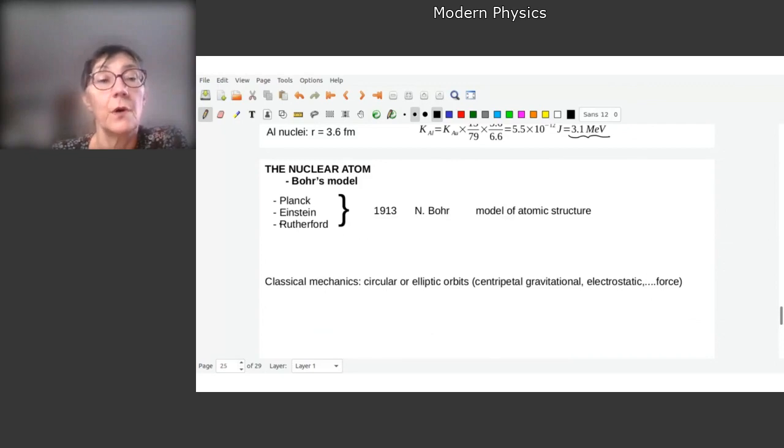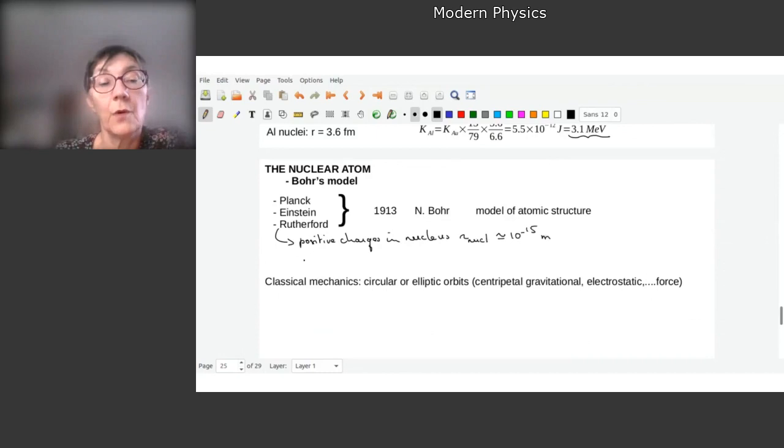Okay, so through this work of Rutherford, we know that we have some distribution of positive charges concentrated in the nucleus, which has dimensions of the order of 10 to the minus 15 meters.